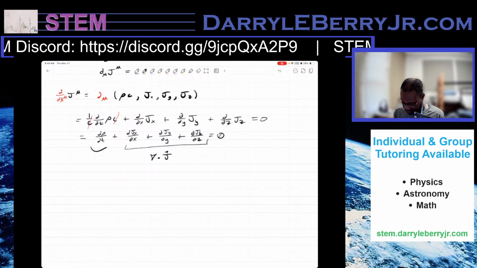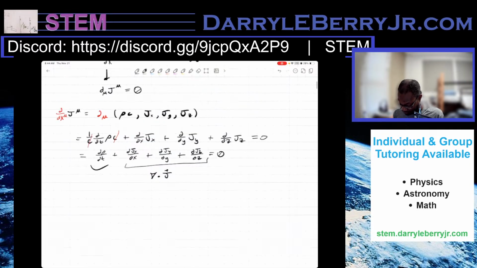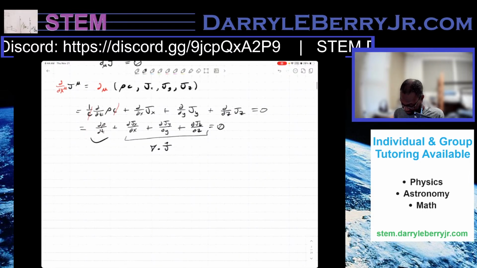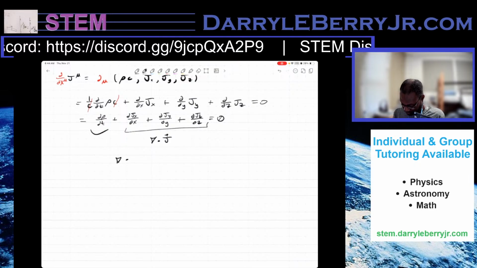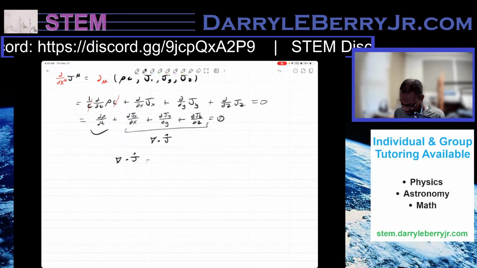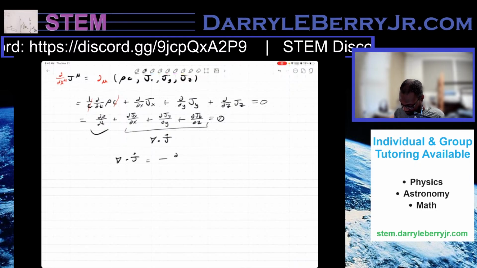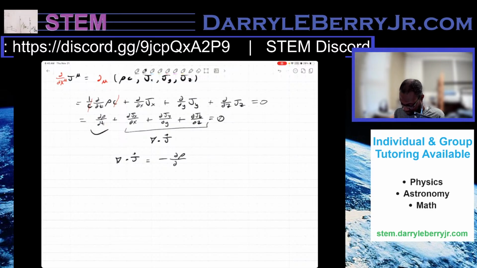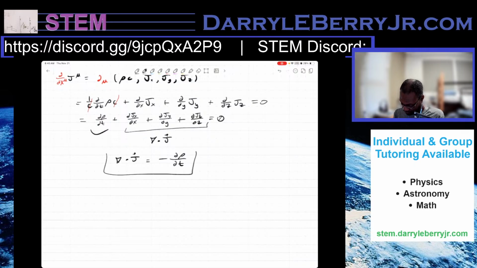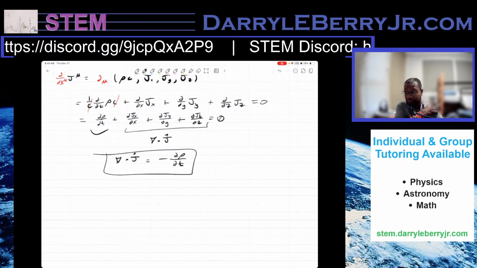And this just remains what it is. So if we bring that to the other side, we do end up with the divergence of the vector J equals negative partial derivative of the current density. I think that would be. So we prove that.